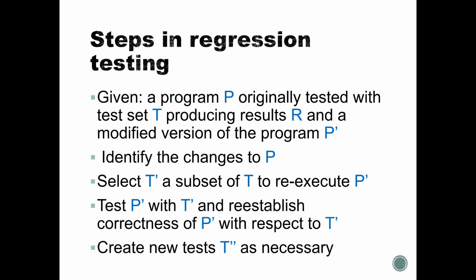So the basic idea is that with the program P, the original tested test cases we have are in test set T, which has produced results R.